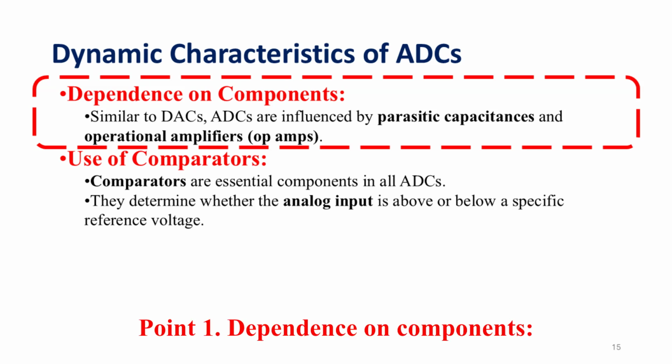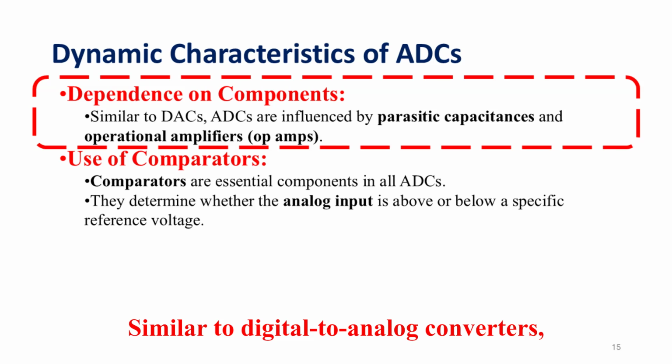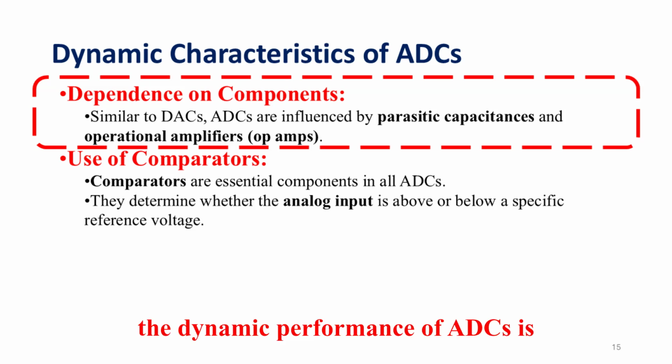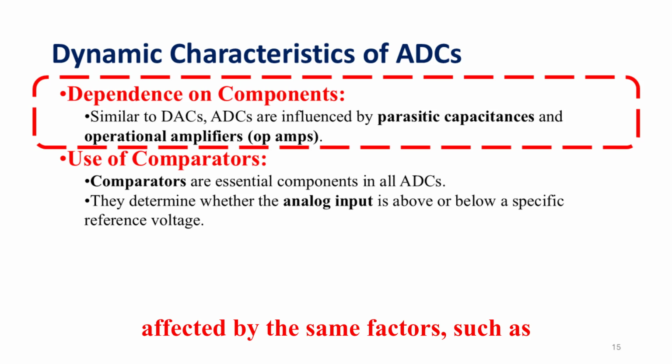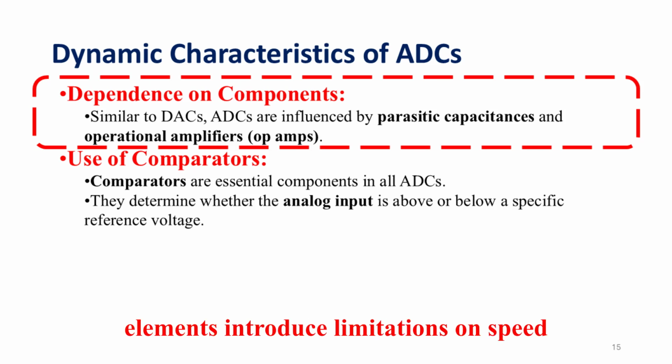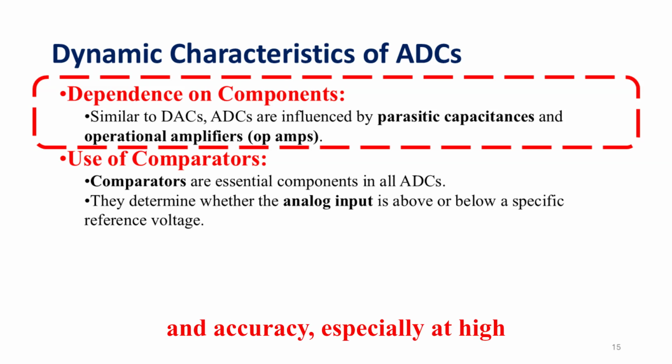Point 1. Dependence on components. Similar to digital-to-analog converters, the dynamic performance of ADCs is affected by the same factors, such as parasitic capacitance and operational amplifiers, op-amps. These elements introduce limitations on speed and accuracy, especially at high frequencies.